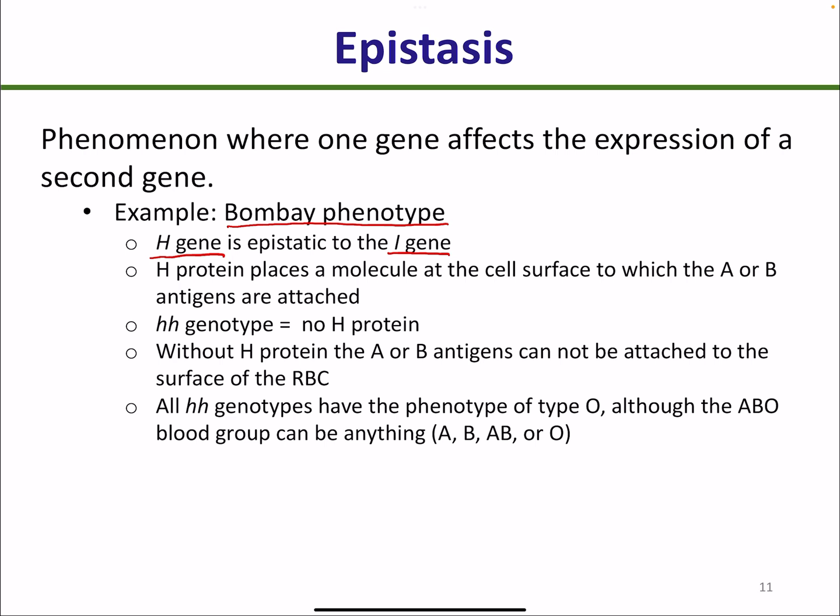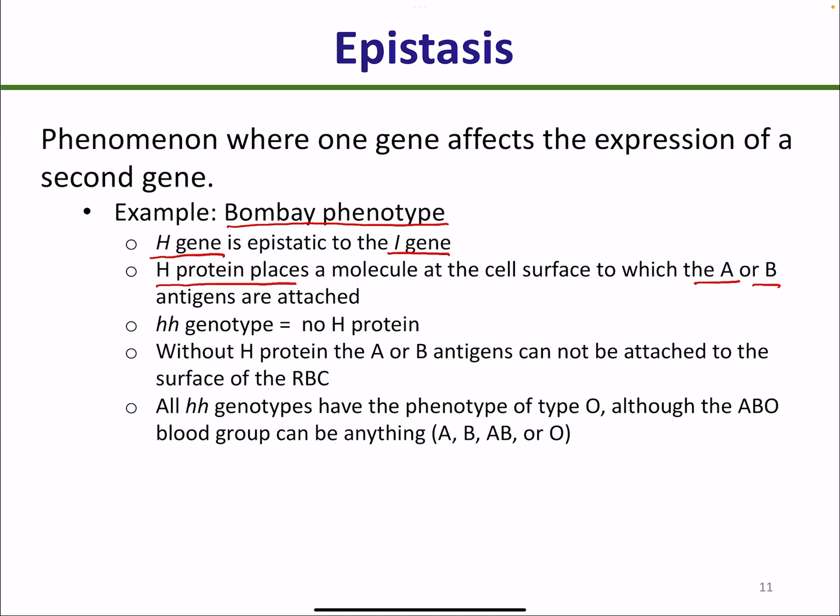What we mean is that the H gene affects the expression of the I gene. How so? The H protein is able to place a molecule on the surface of cells with A or B antigens.